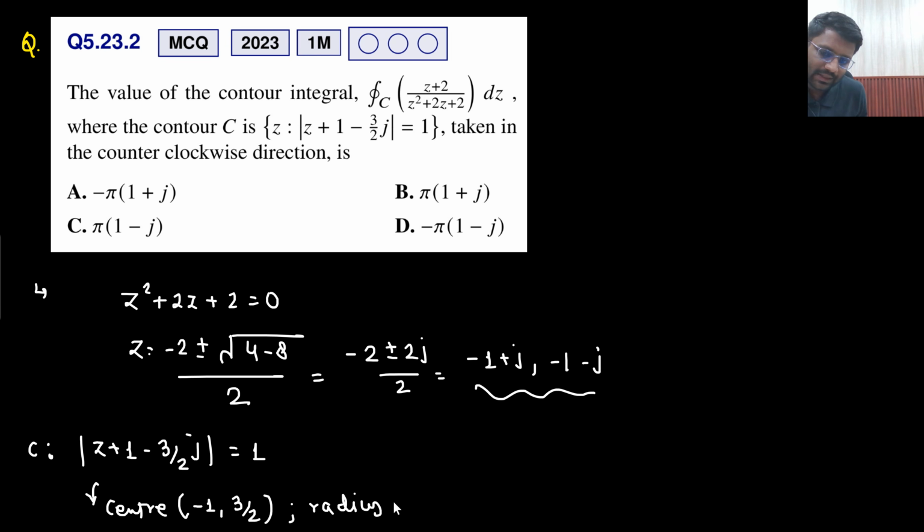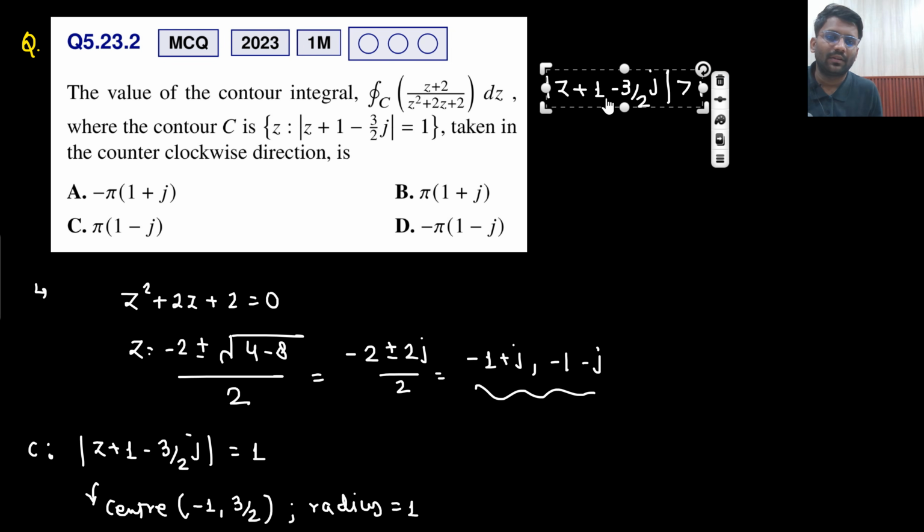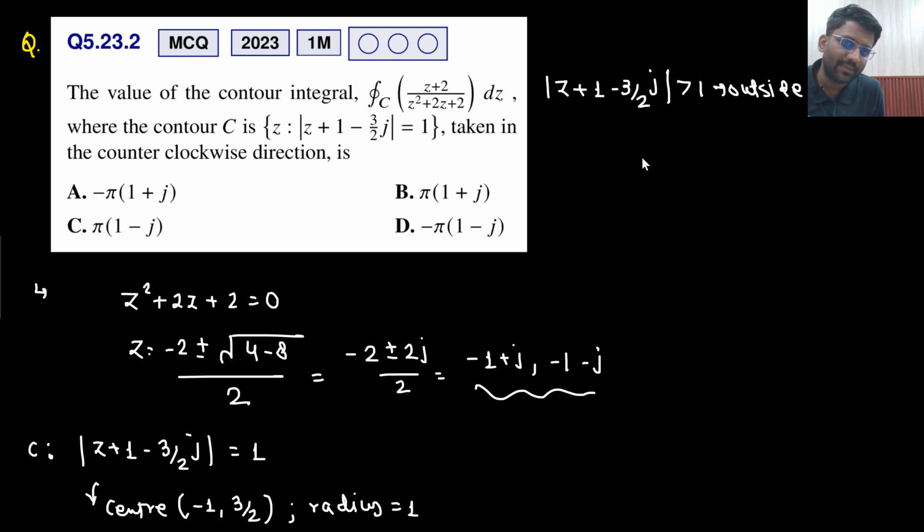But do I need to make the circle and anything like that? No. What did I tell you? You take this scenario: z plus 1 minus 3 by 2 j. If it is coming out to be greater than 1, that means outside. And if it is coming out to be less than 1, that means inside.